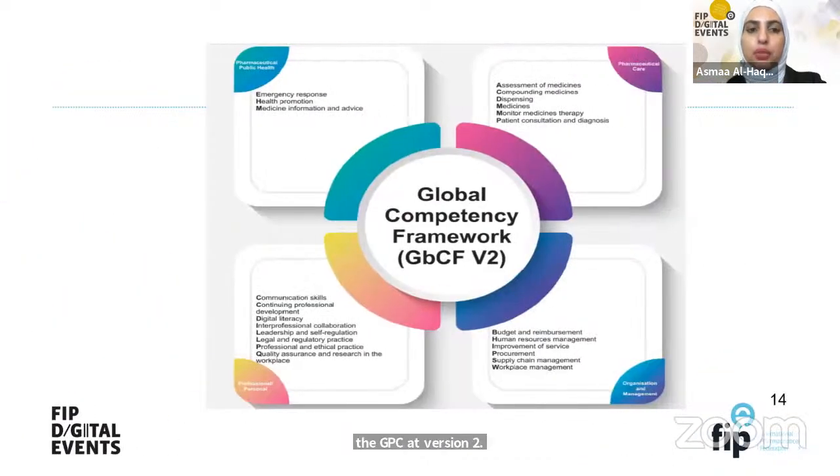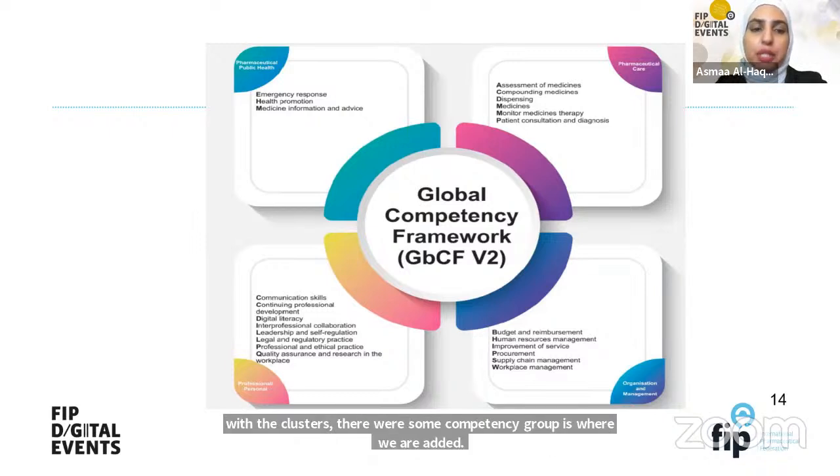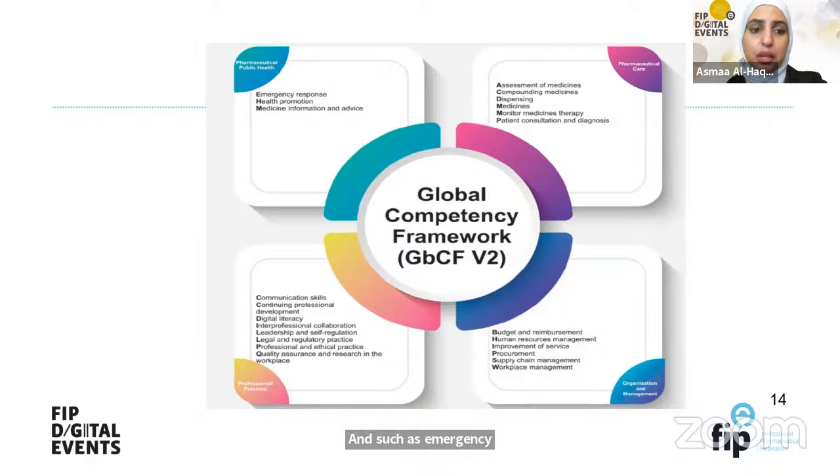Yes, this figure illustrates the 4 clusters that remained in the GbCF version 2. However, within the clusters, there were some competency groups that were added, such as emergency responses in the pharmaceutical public health cluster, and also some competency groups were added in the professional and personal clusters, such as digital literacy, just to keep up with the development and improvement of pharmacy services worldwide.